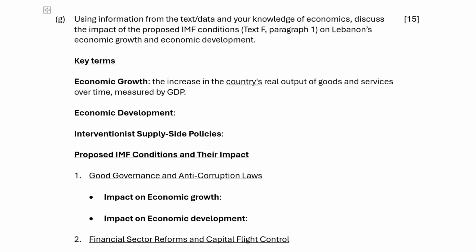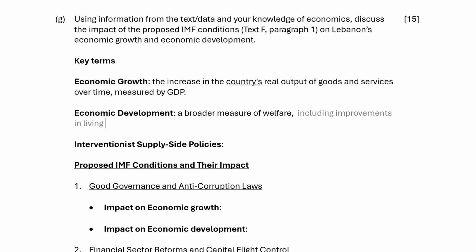All right, so that's the definition for economic growth. And for economic development, a broader measure of welfare, including improvements in living standards, education, healthcare, and income distribution.